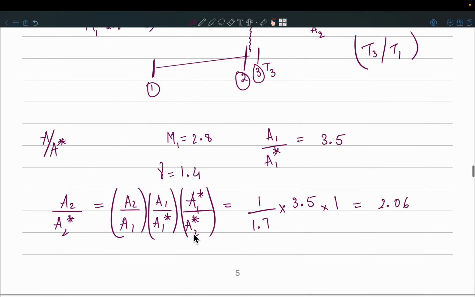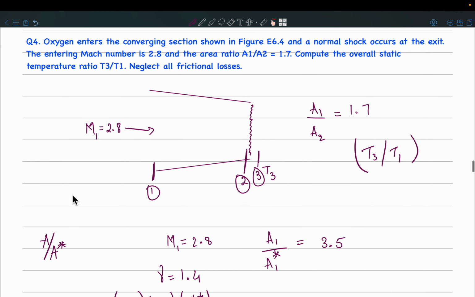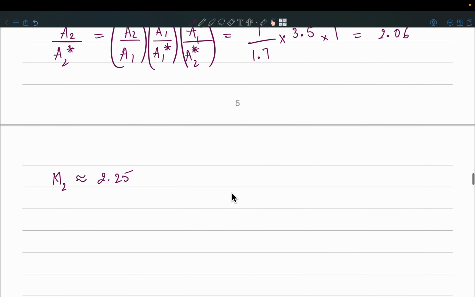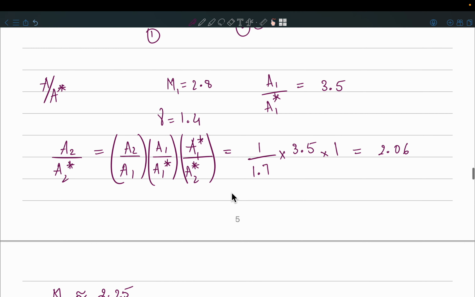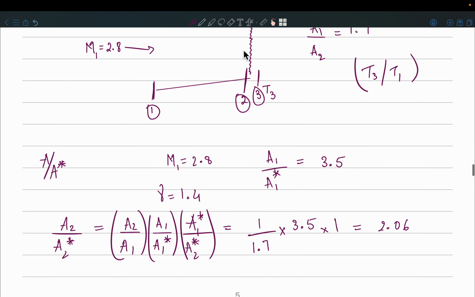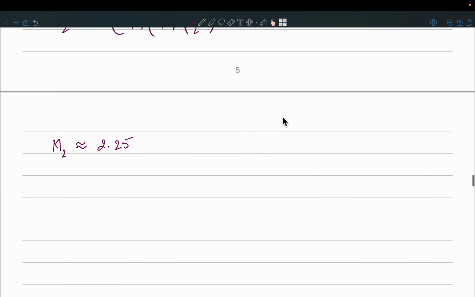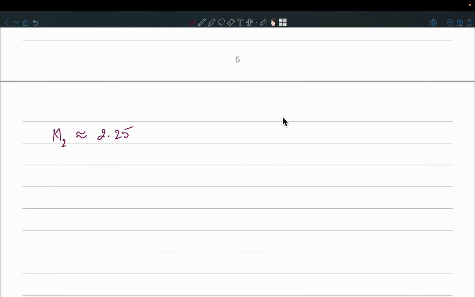Now, what did we need? We needed T3 by T1. So, first I need to find T3 by T1. So, what will we do? We'll choose M2 as our inlet Mach number for the shock and calculate the static temperature ratios.